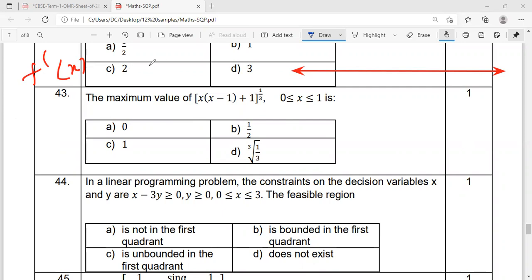So let me write f(x) first, which is (x squared minus x plus 1) to power 1 by 3. Now the derivative of this is n x to power 1 by 3, so it is (x squared minus x plus 1) to power 1 by 3 into the derivative of this, which is 2x minus 1.